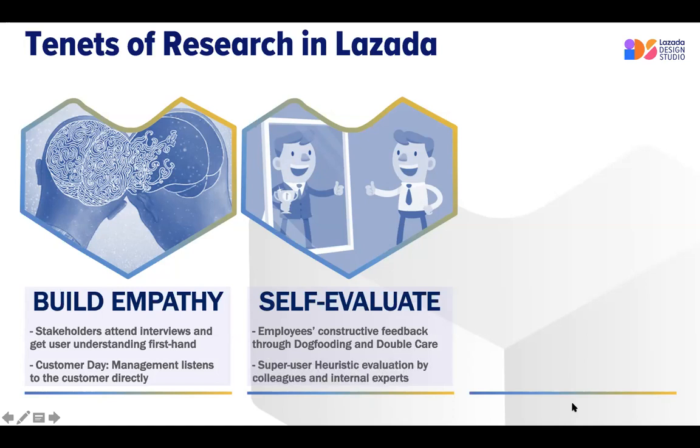The other part is super user heuristic evaluation, which is done by our fantastic designers. The team of designers led by my colleague Iwan does this heuristic evaluation all the time. They take up a topic every 2 weeks, one particular user touch point, and because we are super users, we are all using our Lazada app all the time, for either buying or just browsing or just having a look at it, because we are so addicted to it by now.